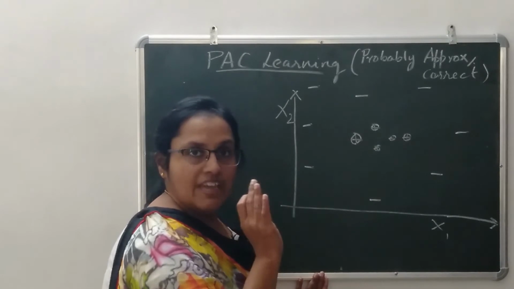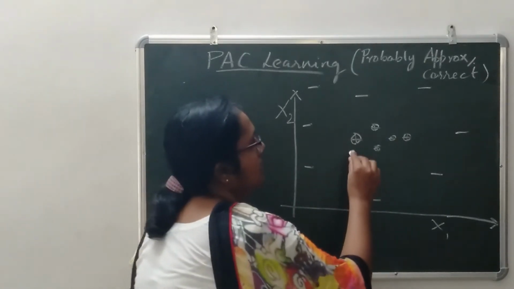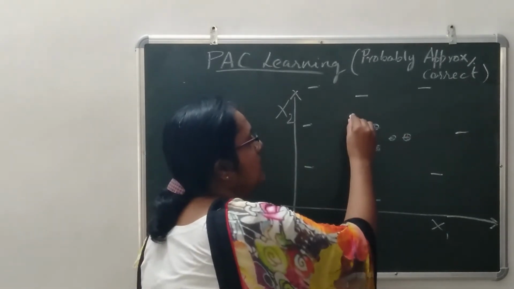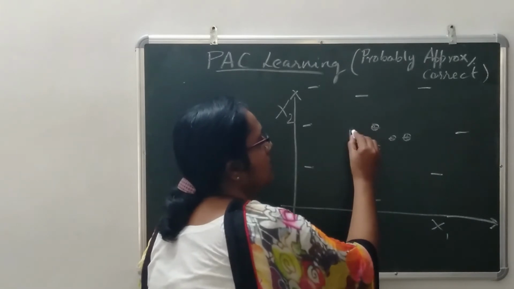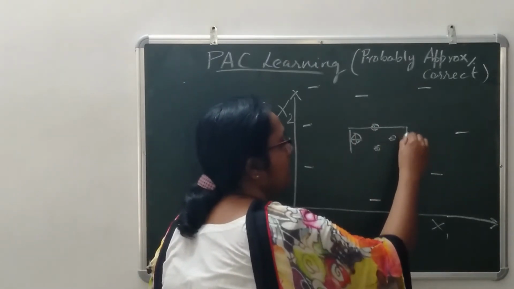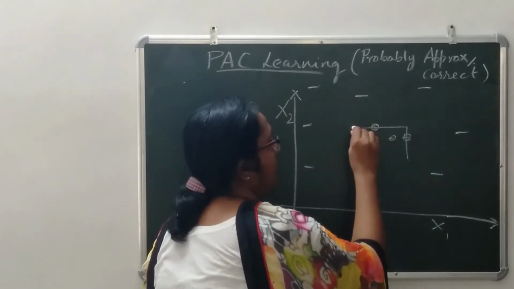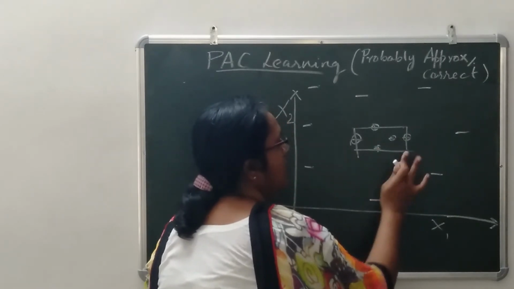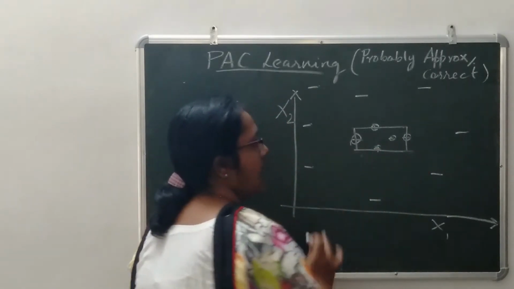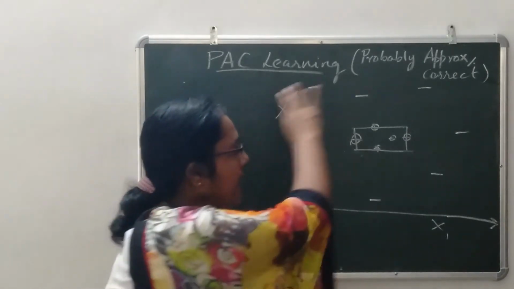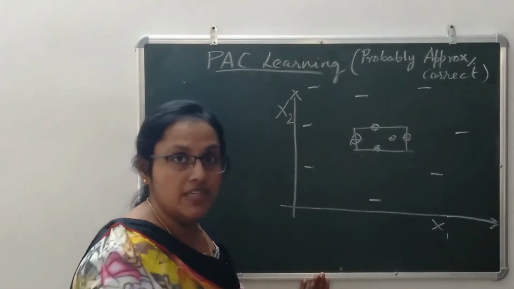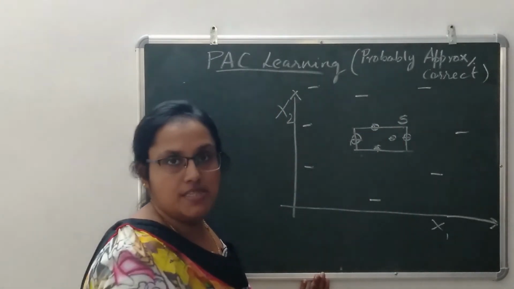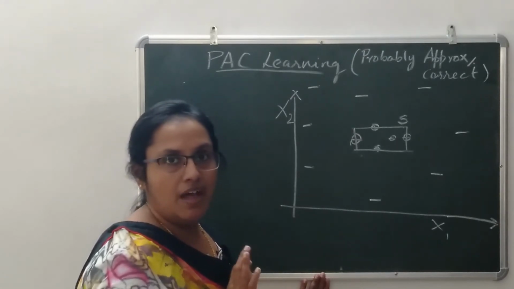Now if I'm taking this example, then these are the positive classes, right? Let me say that this is my tightest rectangle, that is, this is also a positive. So this is the tightest rectangle that is possible, including all the positive cases. In other words, this is my most specific hypothesis.